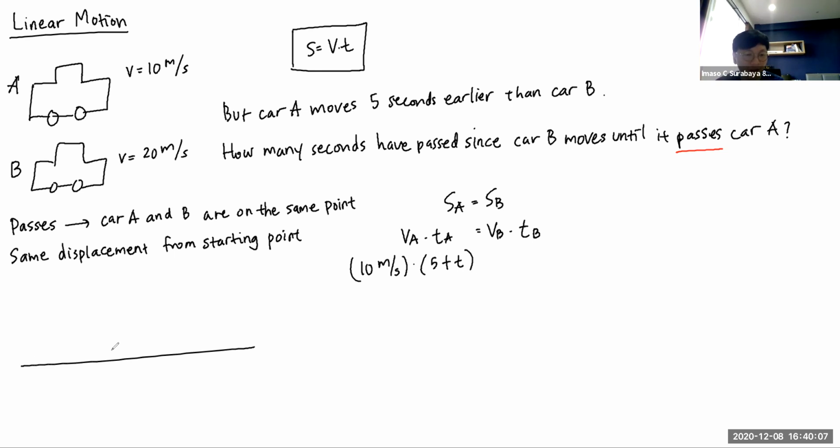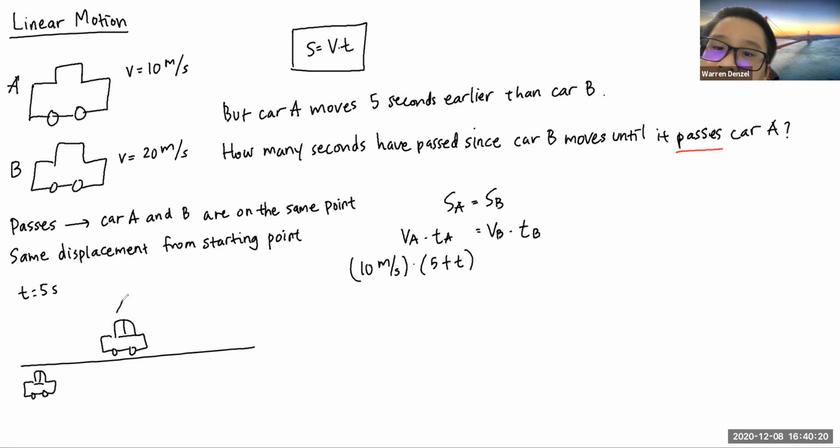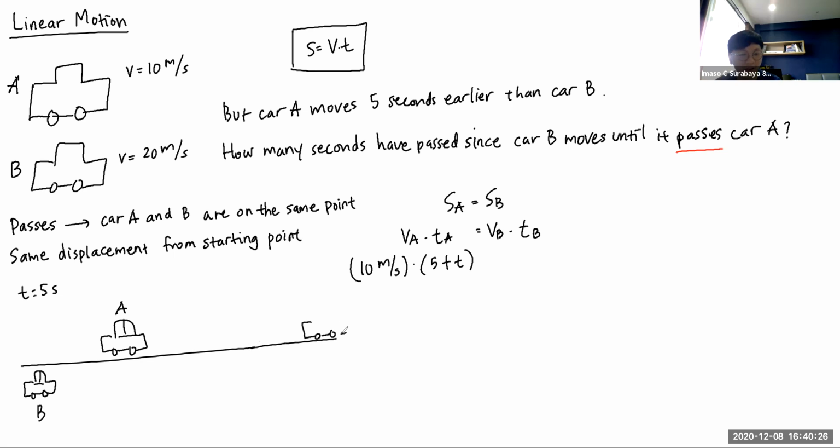When T is equal to 5 seconds, car A is already ahead, right? And then when they actually meet here, for example, a time T has already elapsed. So from here to here is T seconds.